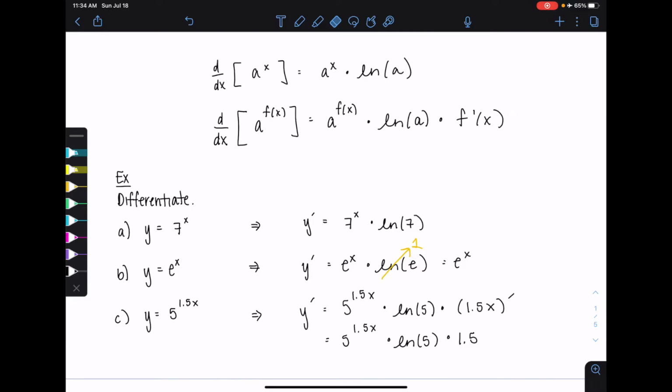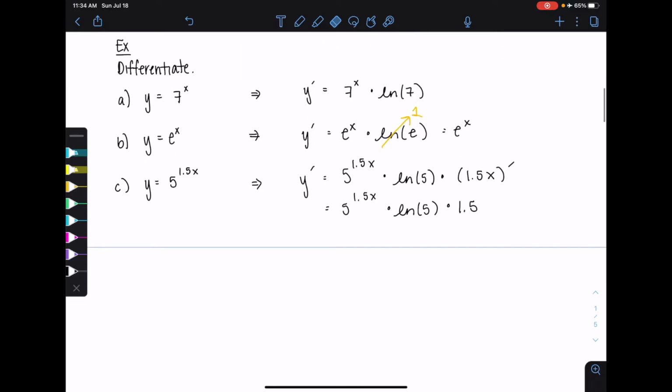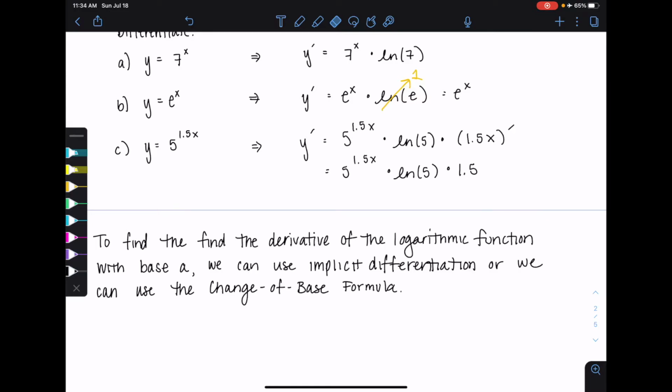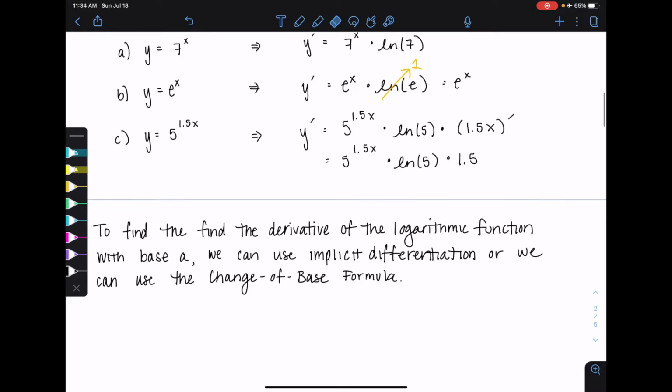Now, utilizing our information about the natural log function, we could do exactly the same thing. We can go through the same process we did in the very first section, going through the natural log of x, but we can really also just use the change of base formula instead of having to go through implicit differentiation, because we've already seen this process.